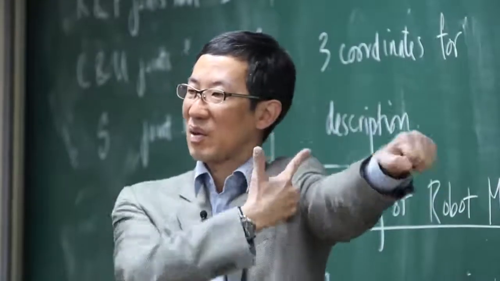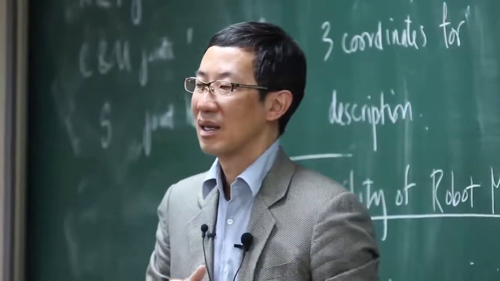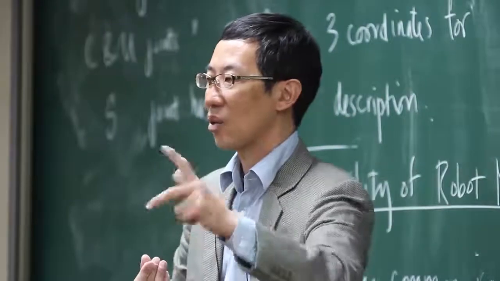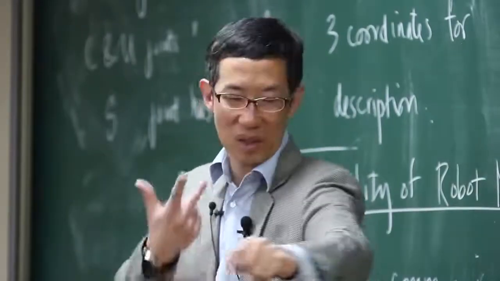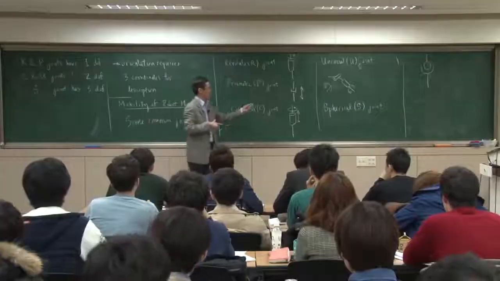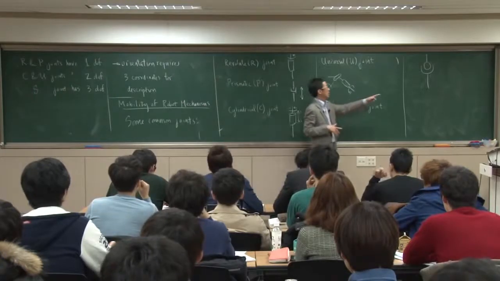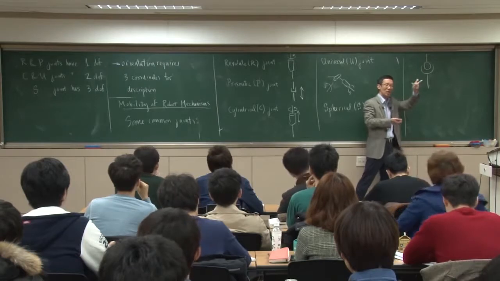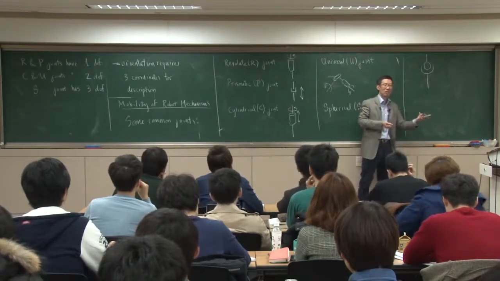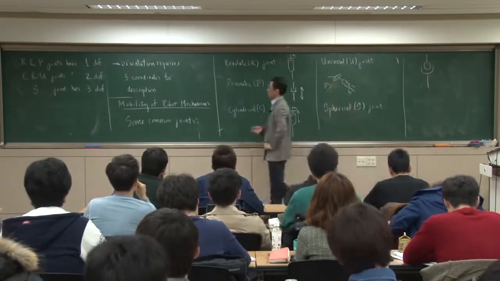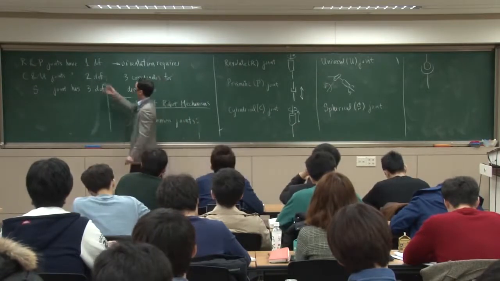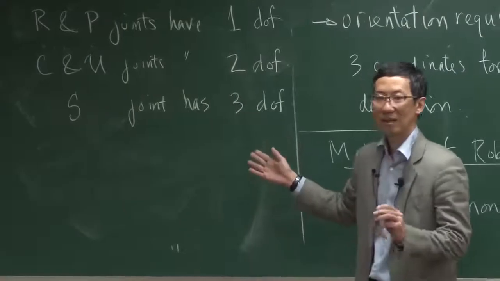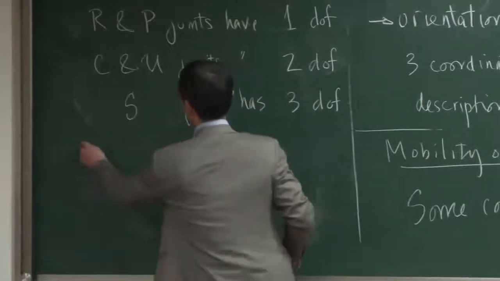You see how my hand is moving? We know that 3 coordinates are required to describe the orientation. So imagine a reference frame attached to the middle of this joint. We want to describe the orientation of that frame. We need 3 coordinates. So we have 1 DOF joints, 2 DOF joints, 3 DOF joints. This should be pretty clear.